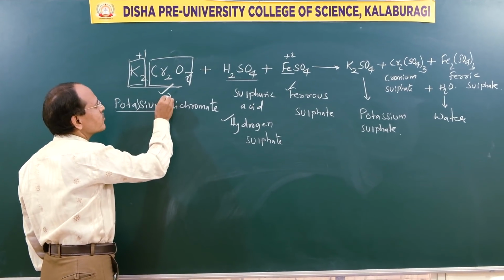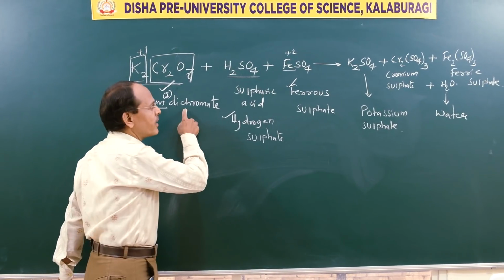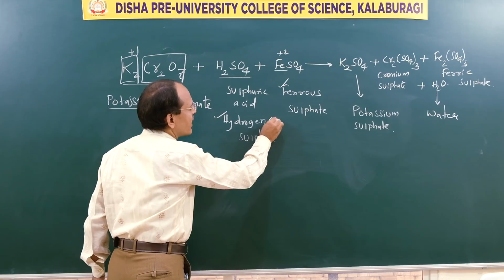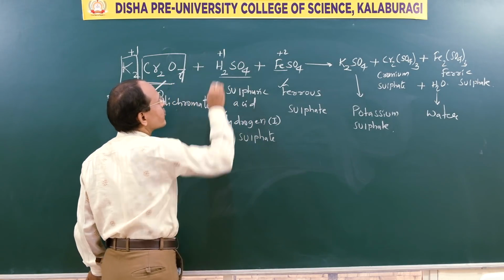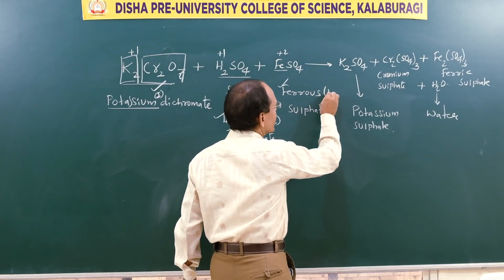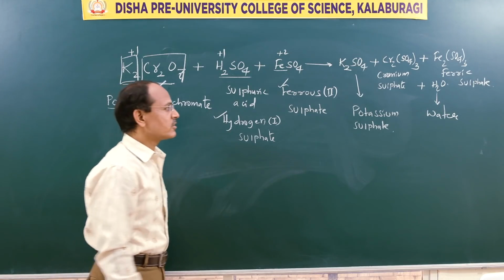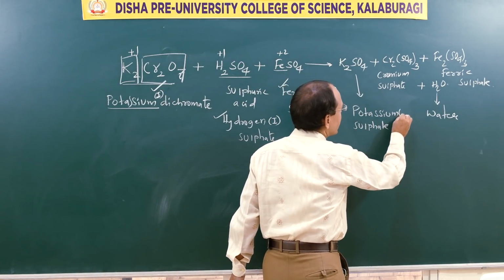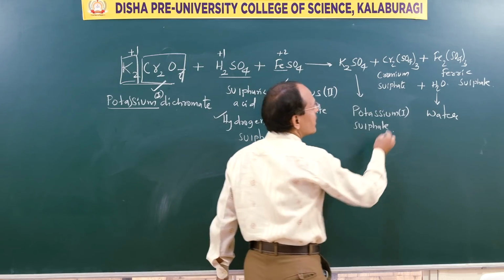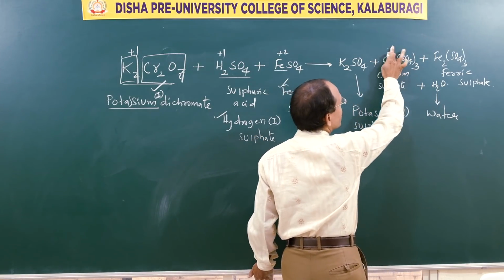Now while writing the name, what number of charges can the ion donate? Potassium Roman 1 dichromate. Hydrogen again Roman 1 because it was H+1. Ferrous is Roman 2 because it has the capacity to give up 2 electrons. Then potassium again Roman 1. Here chromium, what about the chromium?